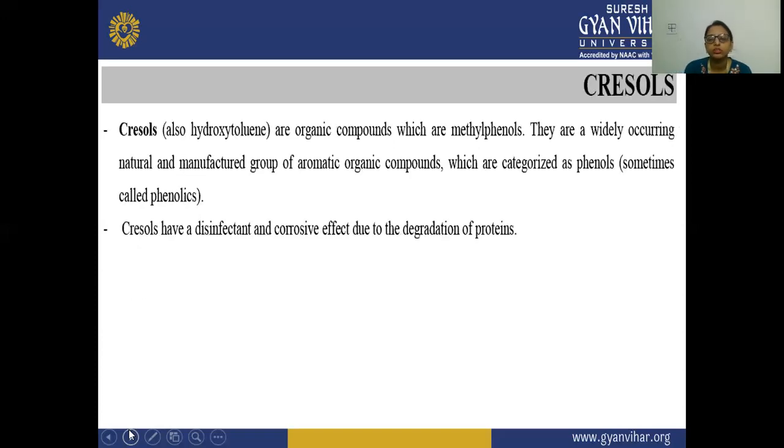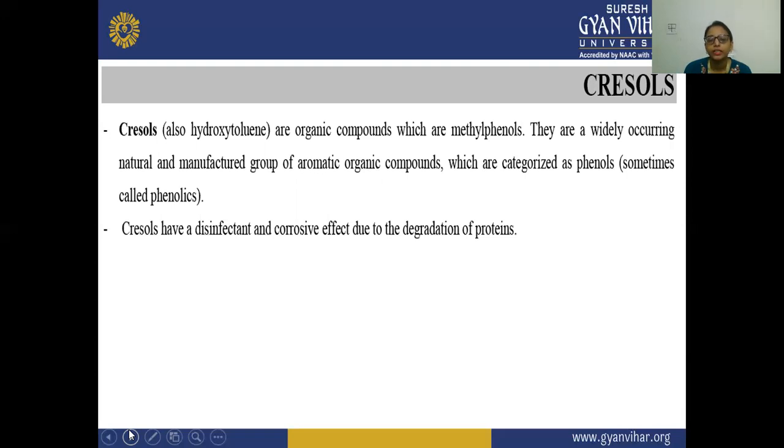Next, this is cresol, that is a derivative of phenol. So cresols, also known as hydroxytoluenes, are organic compounds which are methyl phenols. The methyl group is attached to it.